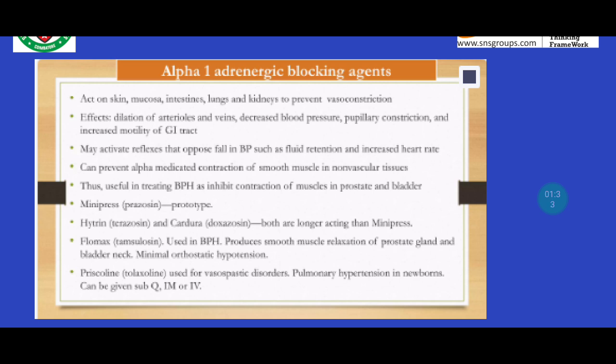The next drug is used in BPH, which produces smooth muscle relaxation of the prostate gland and bladder neck, with minimal orthostatic hypotension. The next drug is used for vasospastic disorders and pulmonary hypertension in newborns, and it can be given subcutaneously, intramuscularly and intravenously.